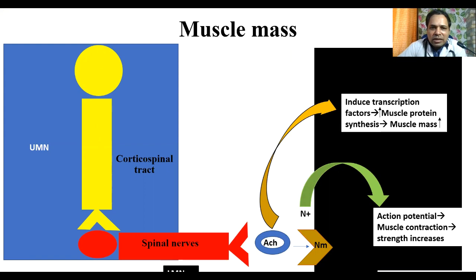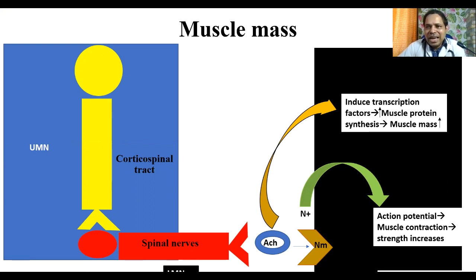From there, it's coming to the anterior gray horn. From there, we have spinal nerves, and if there is any stimulus from this upper motor neuron, from the corticospinal tract, from the cerebral cortex, that is going to stimulate the spinal nerves, and the spinal nerves are going to release the neurotransmitter called acetylcholine.